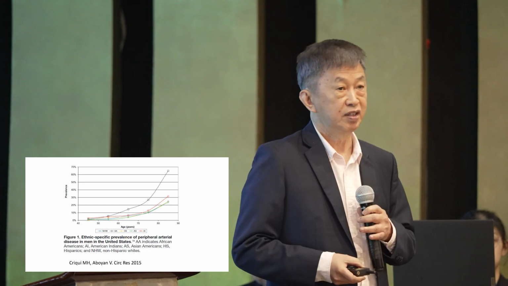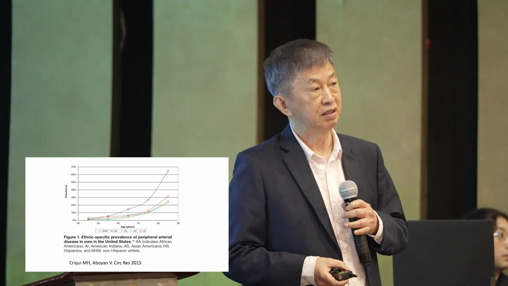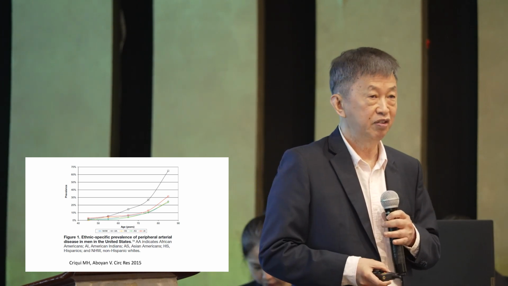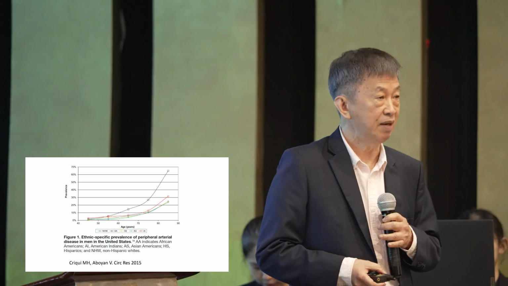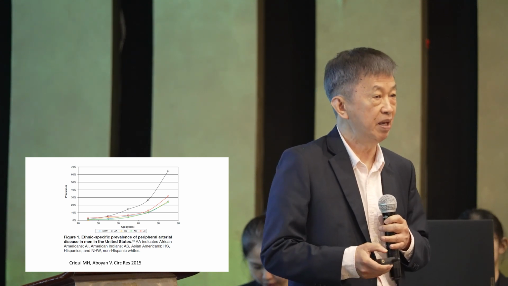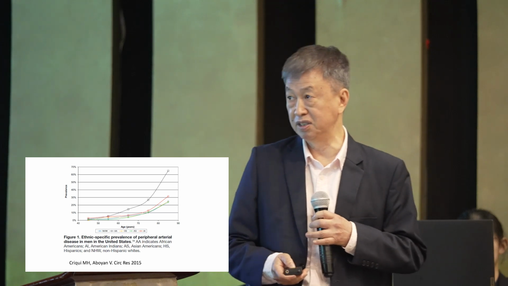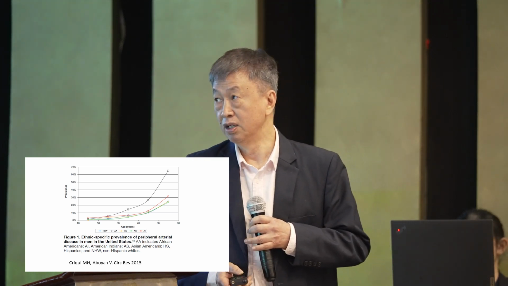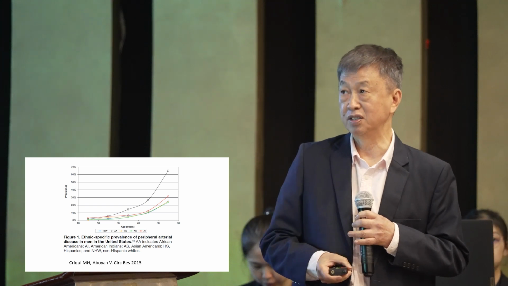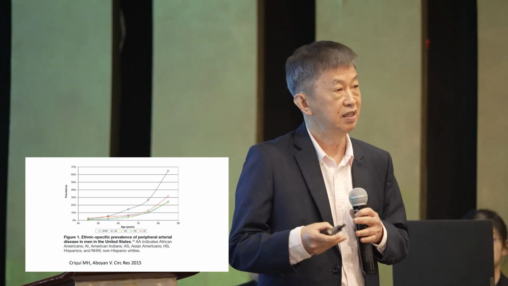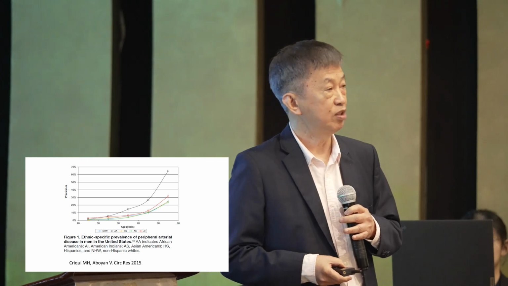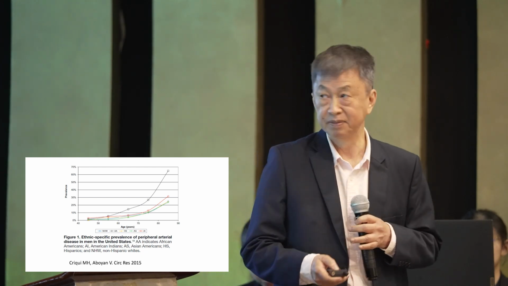But with the prevalence of diabetes in this country about 20%, I think the incidence of PAD is coming up, and perhaps up to 10% of your patients with all these risk factors may have associated peripheral artery disease. Again, to remind you that if they come to me with peripheral artery disease, I'm always conscious that they may have associated disease in the coronary artery, and most of them actually need some kind of cardiac assessment.